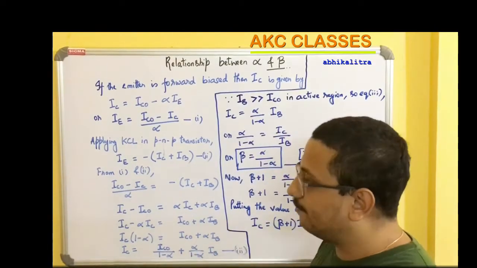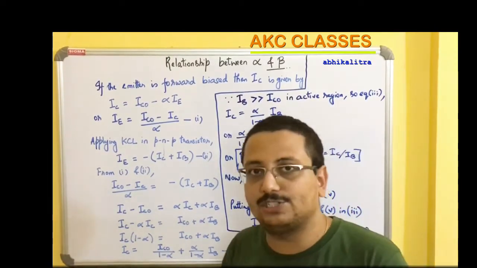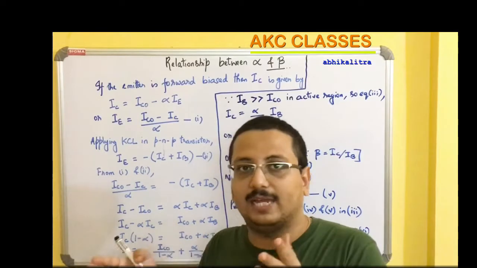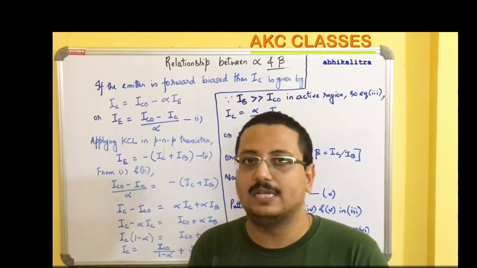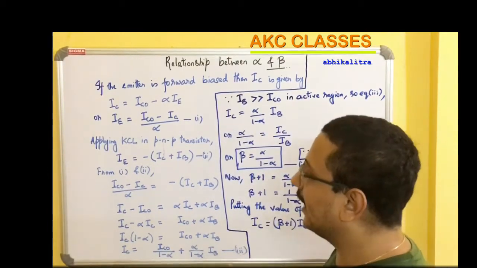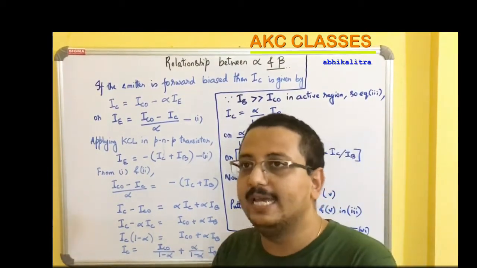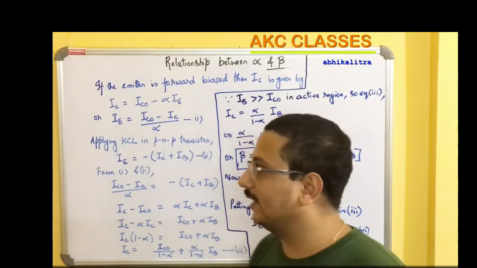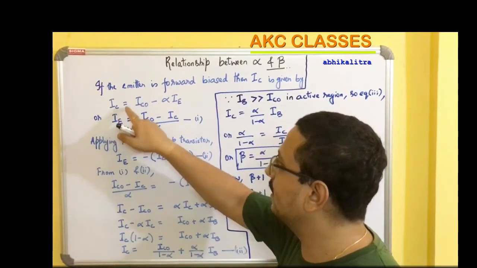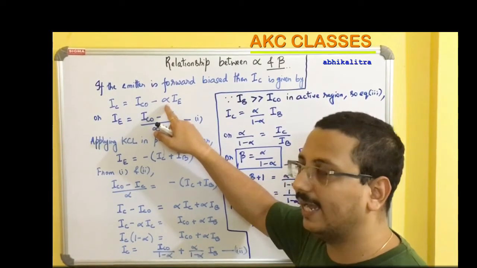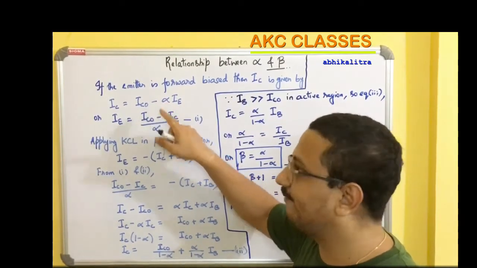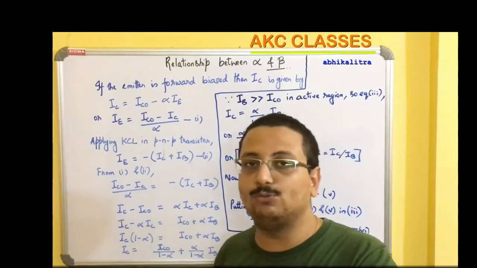But IC is basically the summation of the reverse saturation current and the current coming from the emitter side, because the collector is a section that accepts carriers. But actually, the collector current should be only the reverse saturation current. So IC equals the reverse saturation current minus the current coming from the emitter side, and this alpha is the gain due to the early effect.